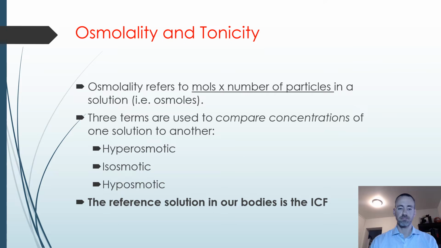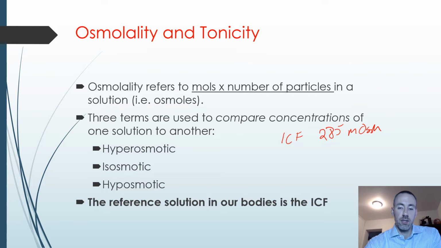For example, we can call it hyperosmotic if the osmolarity or osmolality is higher than ICF, isoosmotic if it's the same, and hypoosmotic if it's lower than the intracellular fluid. A typical ICF osmolality is going to be 285 milliosmoles.